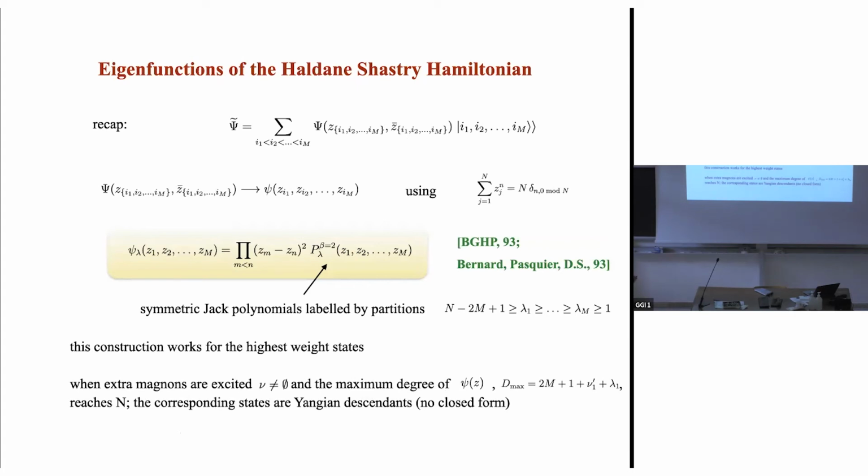So this one was derived in a different way by Bernard, Gaudin, Haldane, Pasquier. So this is a direct following of what happens with the wave functions when you freeze. So these lambdas here are exactly what is encoded into the motifs.